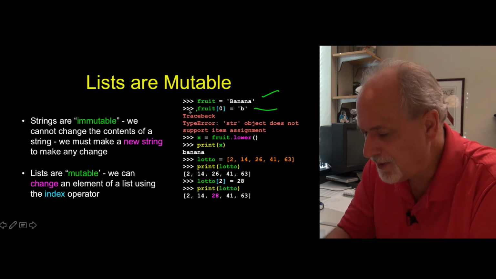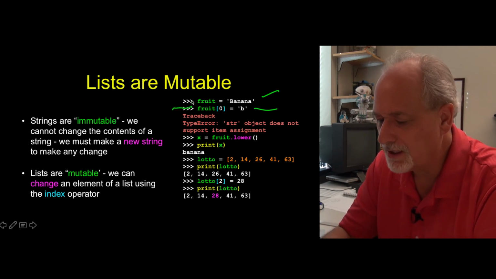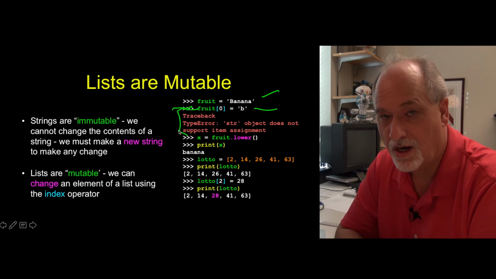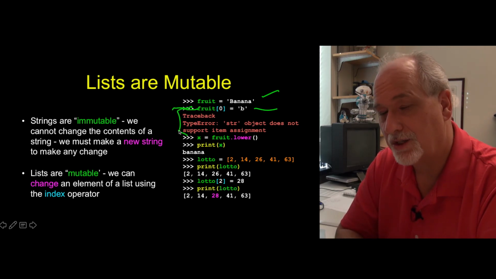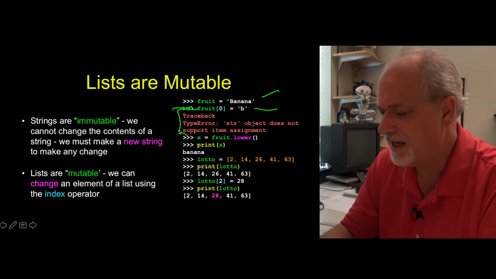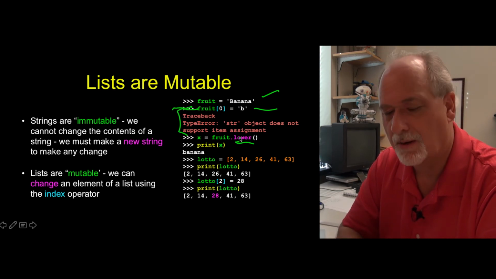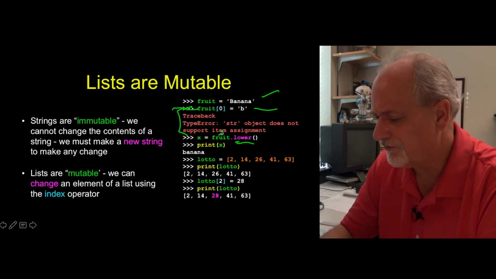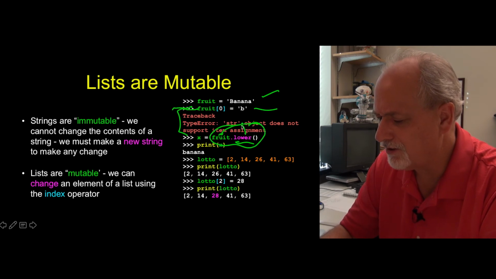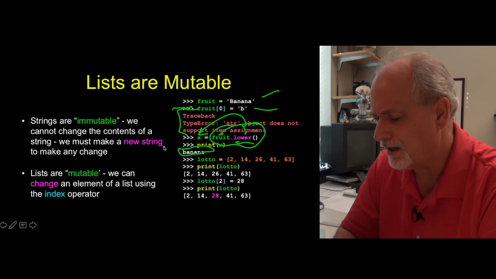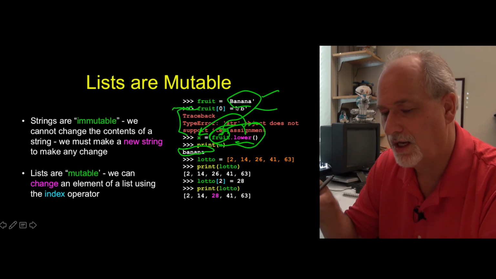Well, the syntax would be how you would do it if you could do it, but it turns out that strings are not mutable, meaning they're not changeable once you create them. And that's why when we do things like lowercase or uppercase, we take a look at the fruit and we say, give me a lowercase copy of that, and then we take the return value from this and we store that in x, and that's how x becomes a lowercase banana. But fruit is still the original one, so fruit has not changed.